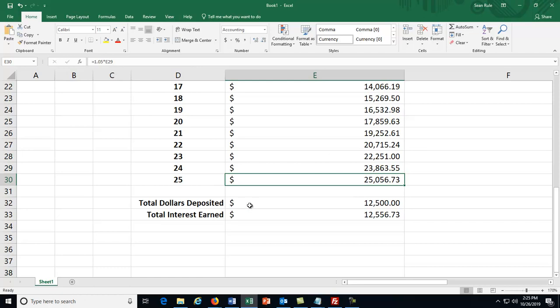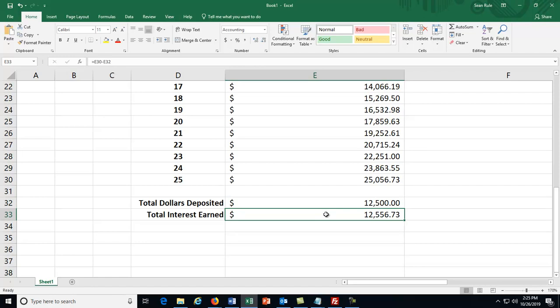I did a little formula here, which is not based on the spreadsheet above. It's just knowing that this student deposited 25 times in total, 500 bucks each time. So 25 times 500. And then last but not least, the total interest earned is found by taking the total amount in the account and dumping off the amount they deposited. That's going to tell you how much the bank worked for them.